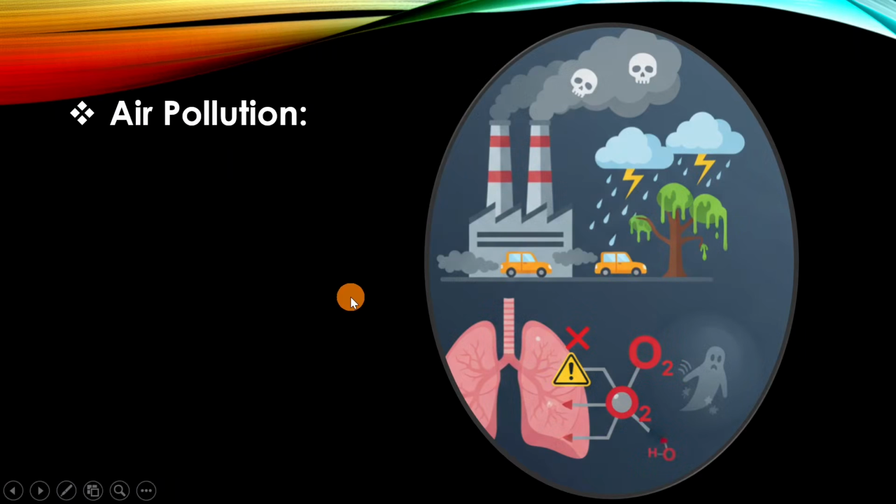The first one we are talking about is air pollution. Air pollution is one of the challenges or negative effects of these chemical industrial activities. Pollution itself, as we know it, is the addition of harmful substances to the air.